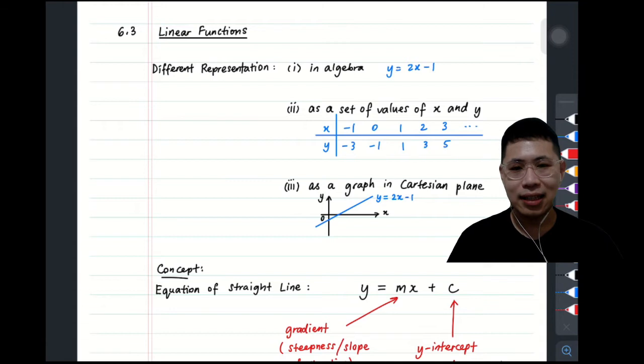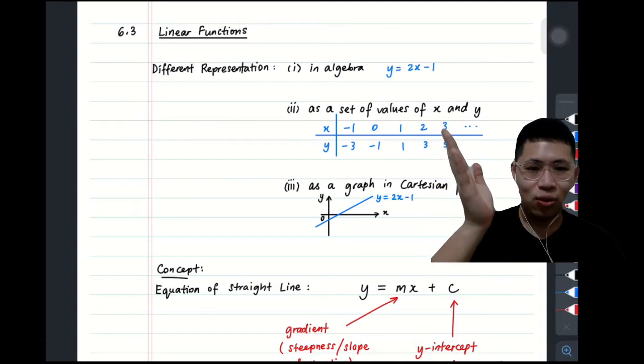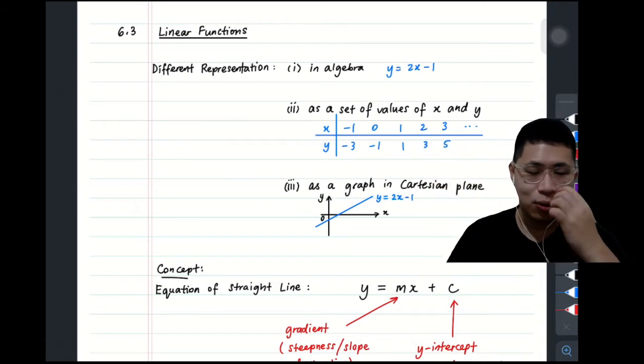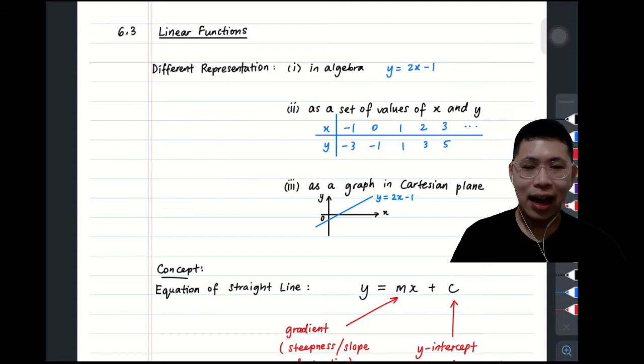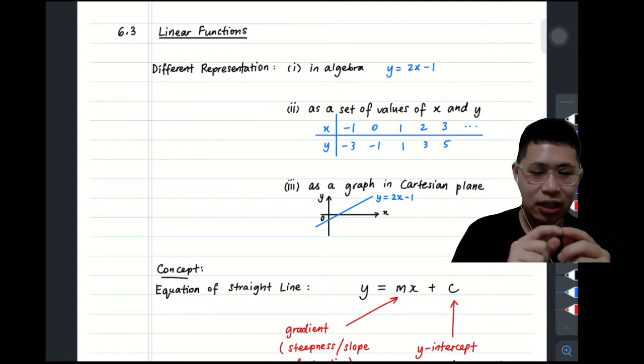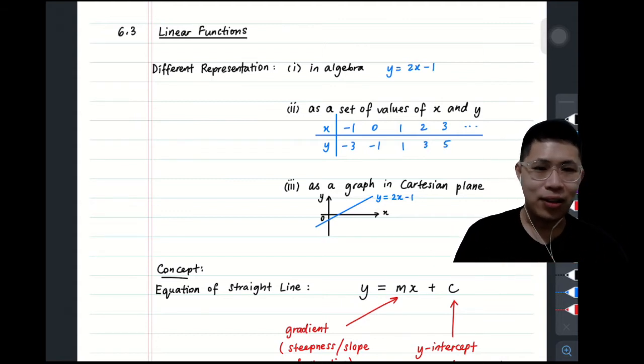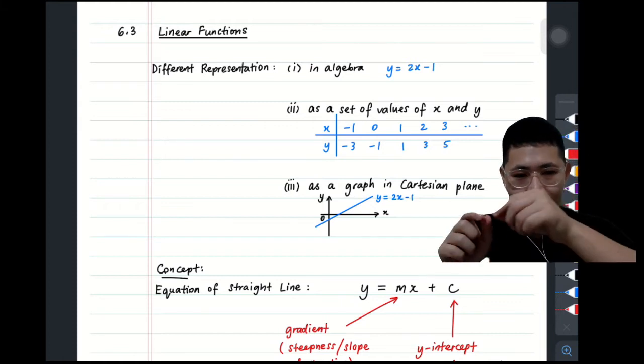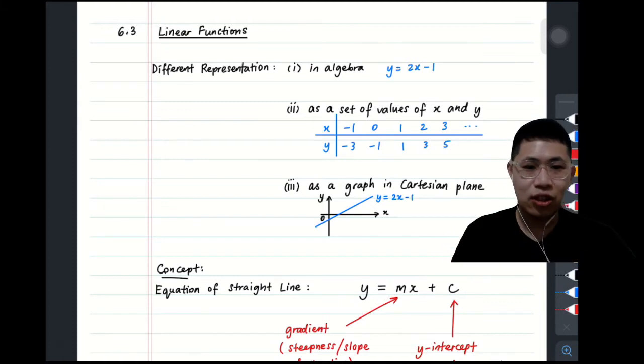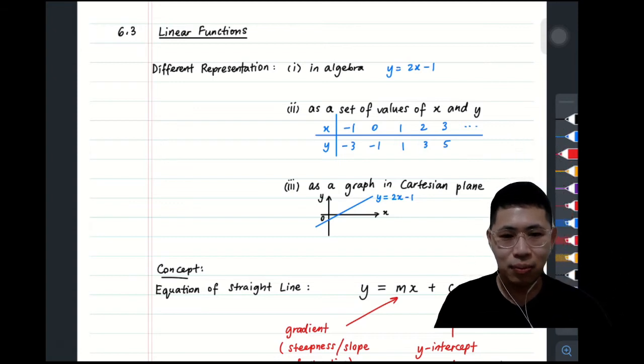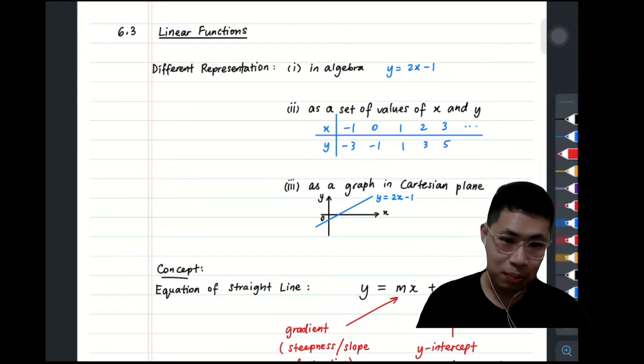So let's say x has a certain value, y would correspond to those values. For each x there is a unique y, or exactly one value of y, and this set of values of x and y will form a line in the Cartesian plane, and this line would be a straight line graph in the Cartesian plane.